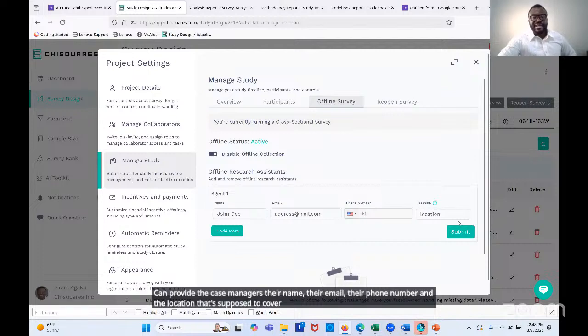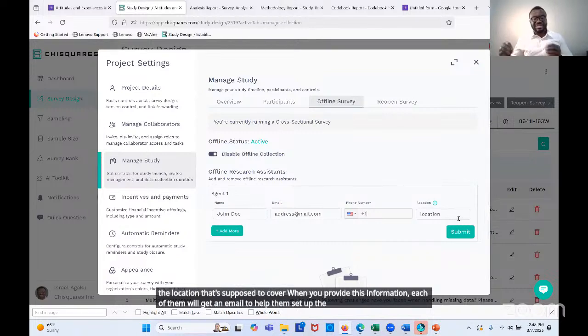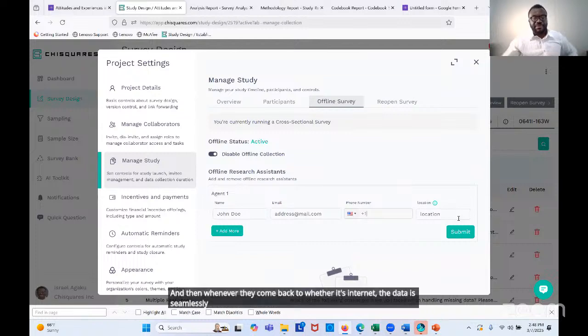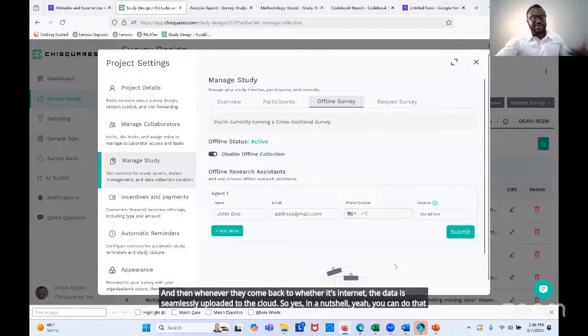When you provide this information, each of them will get an email to help them set up the survey on their device, like their phone, which will allow them to collect data even where there is no internet. And whenever they come back to where there is internet, the data is seamlessly uploaded to the cloud. So yes, in a nutshell, you can do that, and many more, depending on how you want to set it up.